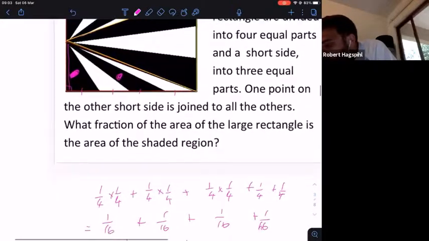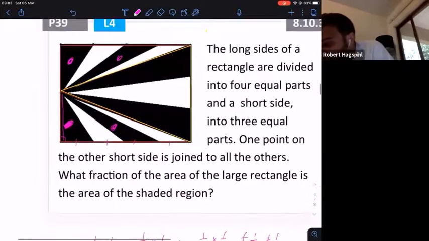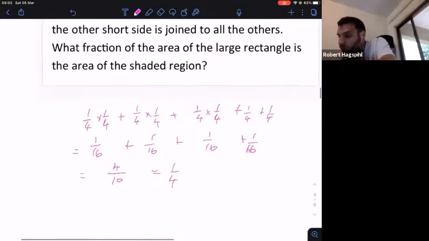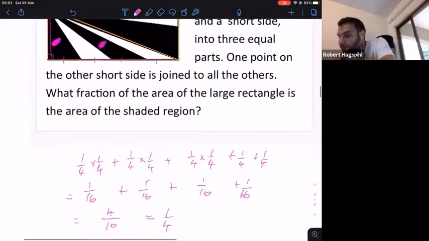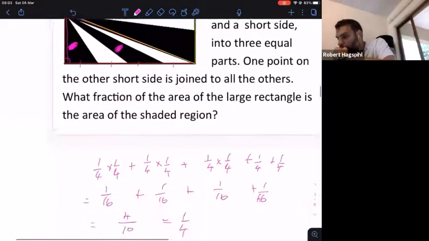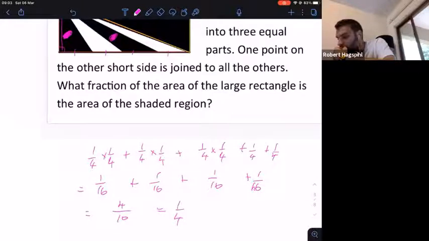All right, cool. So I know definitely that these four pink triangles together are equal to a quarter of the whole triangle. Okay. Cool. Everybody with me?